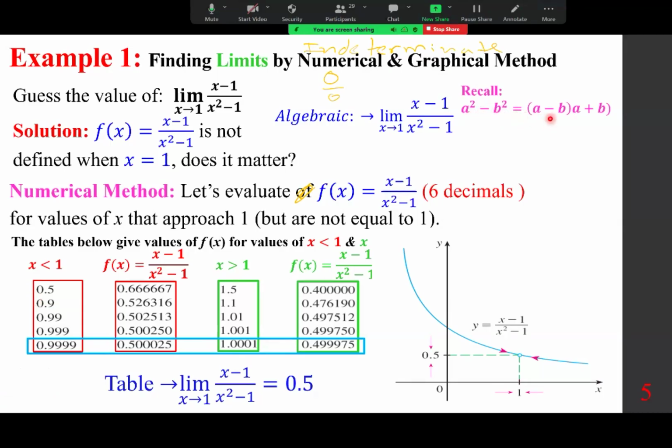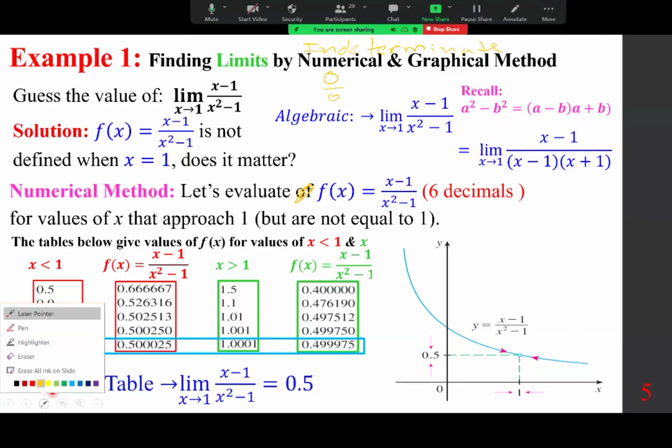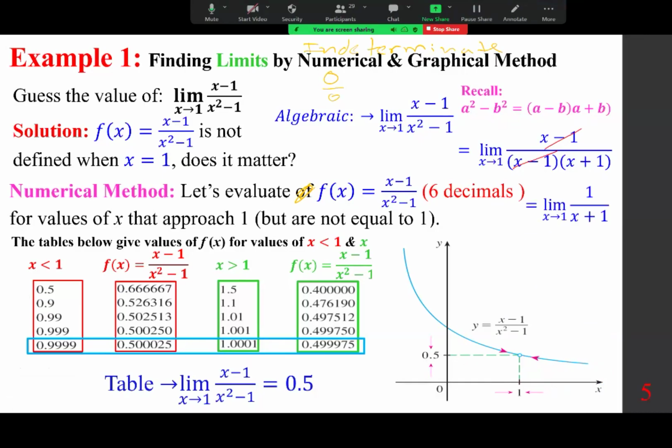A squared minus b squared is a minus b times a plus b, and we notice the denominator is x squared minus 1 squared, and it can be factored into x minus 1, x plus 1. Dropping the common factor of x minus 1 gives us 1 in the numerator, and plugging in we get 1/2.